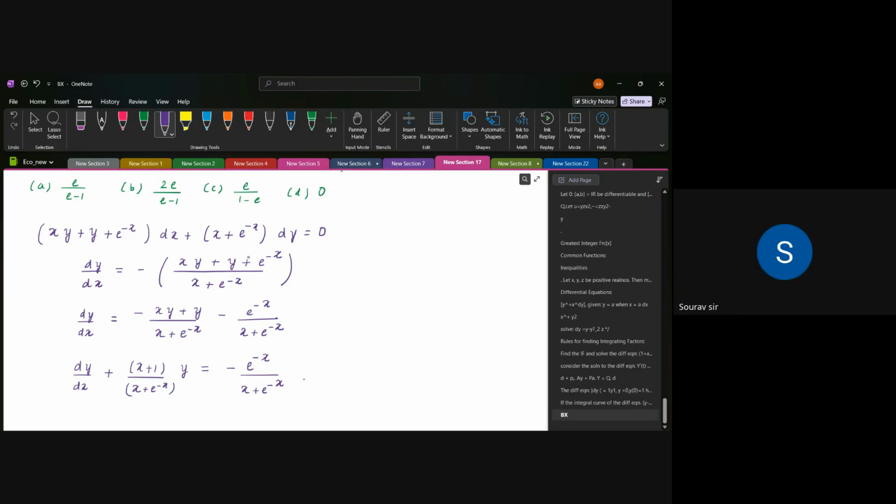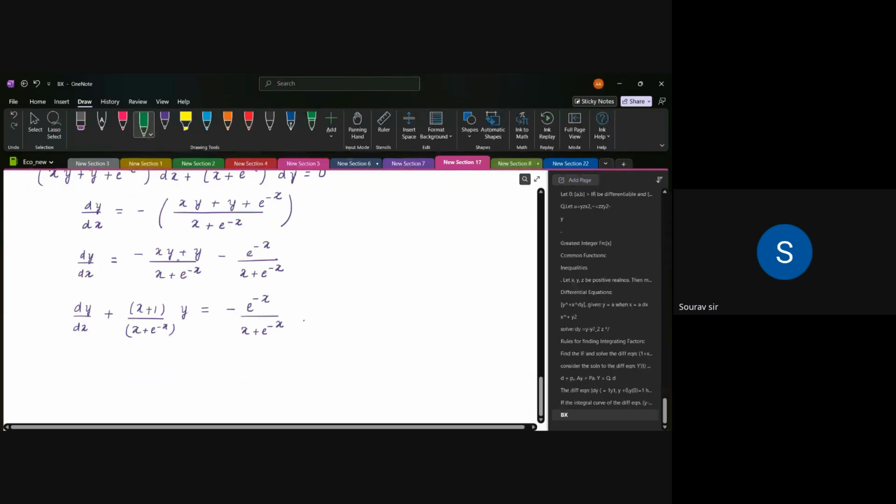So this looks like a linear differential equation now, right? Not the Bernoulli, a linear.